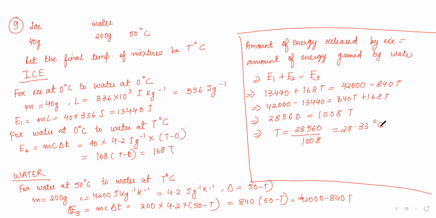Okay, we'll move on to question number 10. So question number 10 is what? Calculate the mass of ice needed to cool 150 gram of water contained in a calorimeter of mass 50 grams.